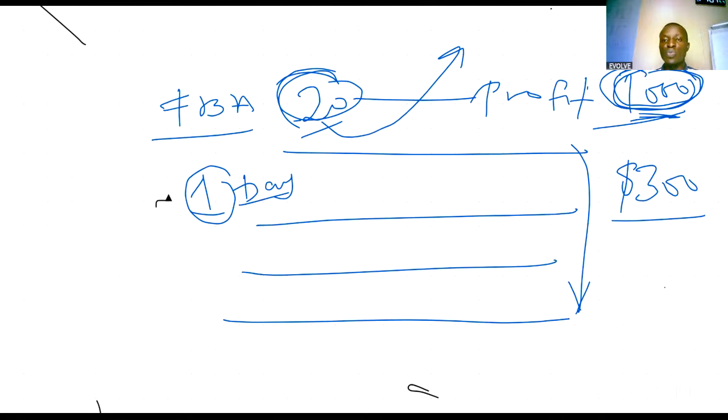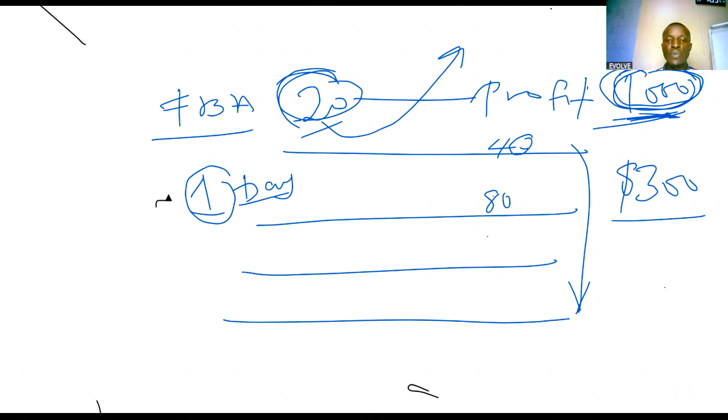If our capital is $1,000, the second position will cost us $40. Okay? $40. The third position will cost us $80. The fourth one will cost us $160.